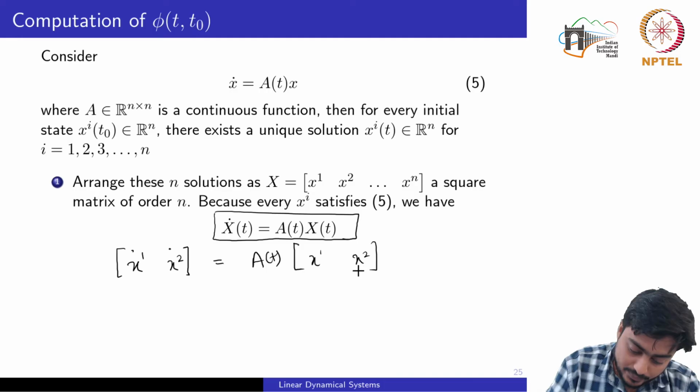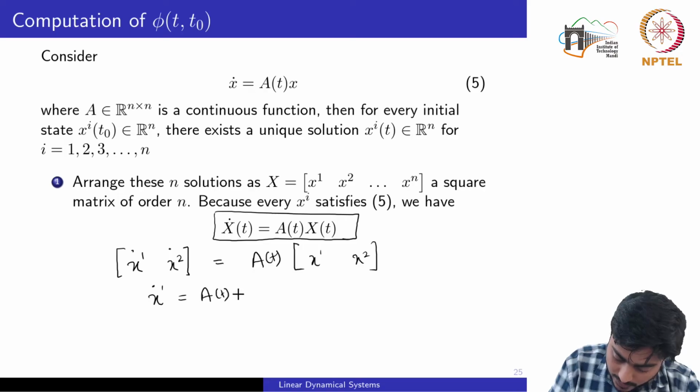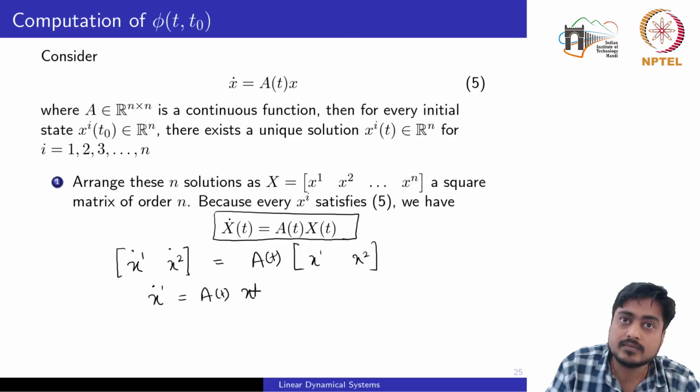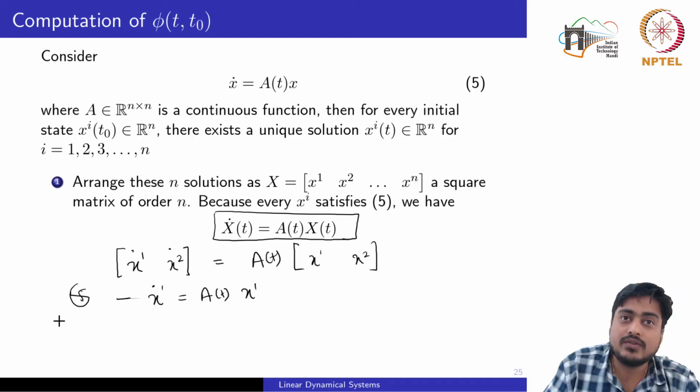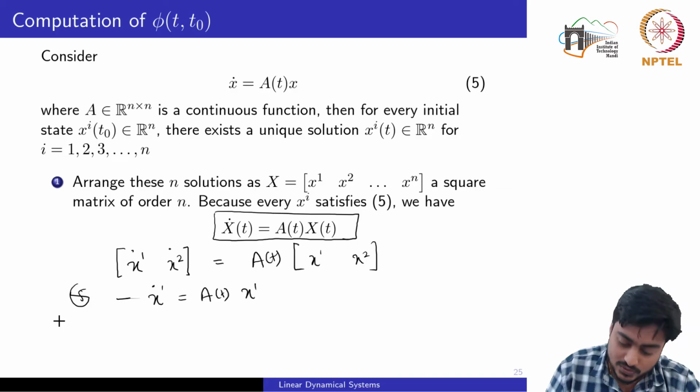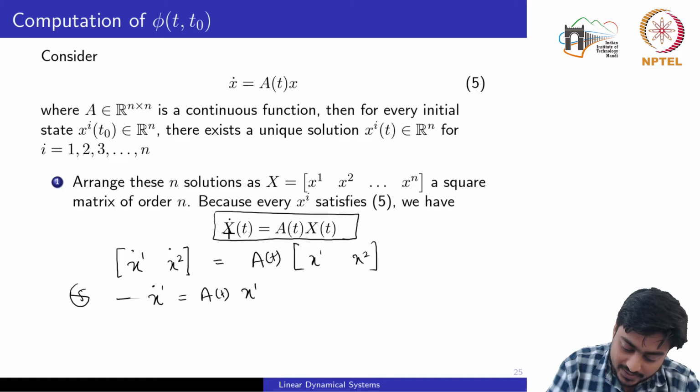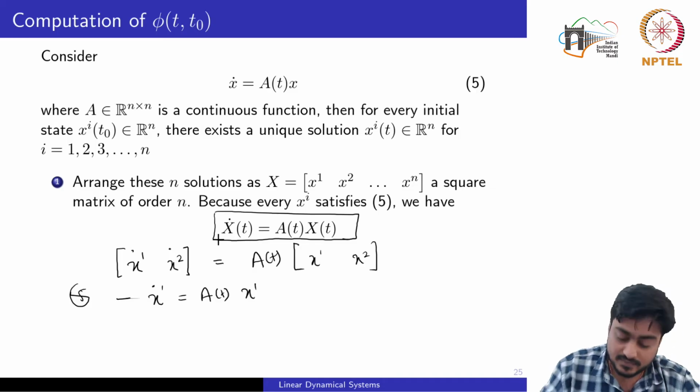In the preliminary step we have computed that x dot 1 is equal to A of t x1, and this 1 in the superscript denotes the different initial condition, but the state would remain the same. Basically this is equation number 5. So if I club all these equations 5 for different initial conditions having a different unique solution, then it would give me this equation, right?